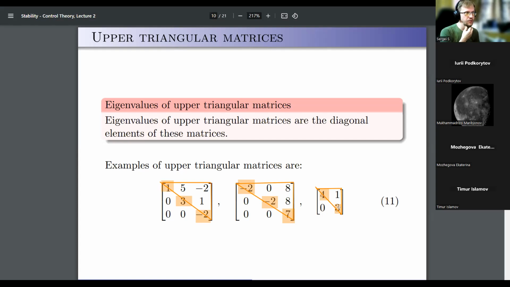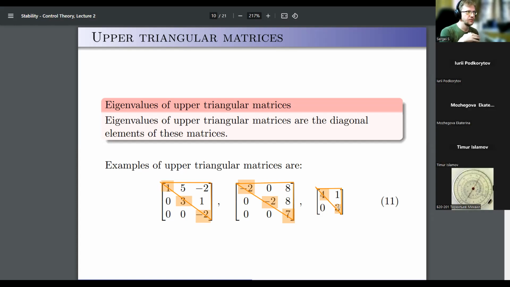And the story would be that a linear system with this matrix would be stable if all the eigenvalues are strictly negative. We're marginally stable if they are non-positive, some of them are zero, and it will be unstable if at least one of them is positive. Okay, it will be the same story as long as we can prove that there is a decomposition.